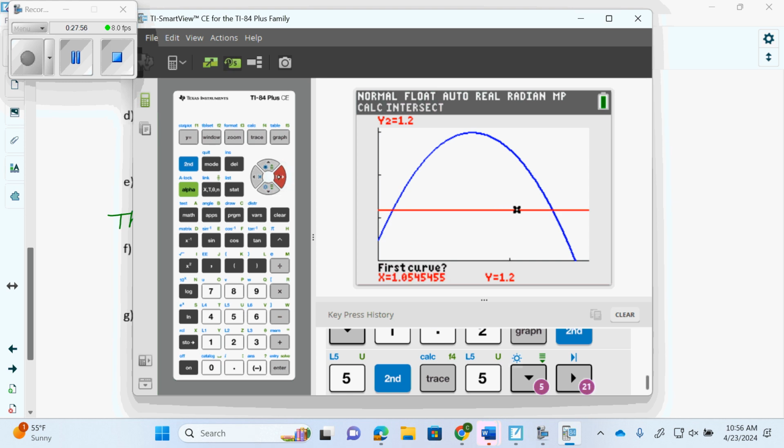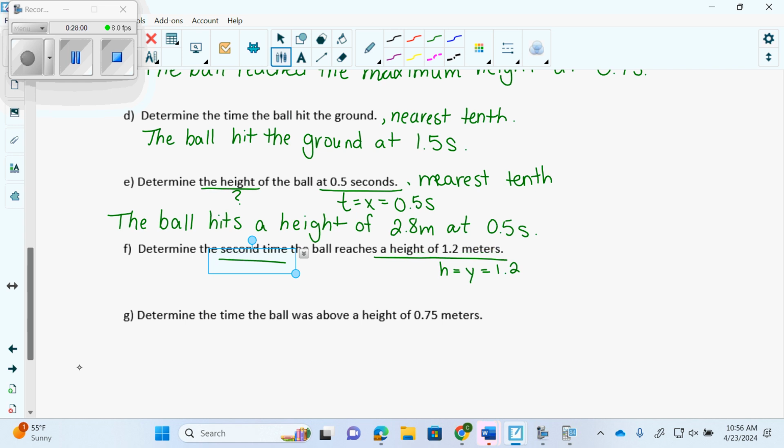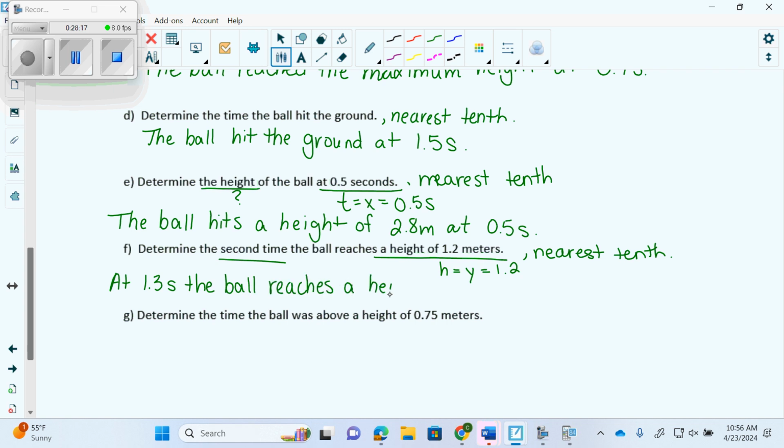As long as I'm closer to this one, it should pick it up. Enter, enter, enter. Nearest tenth, 1.3. At 1.3 seconds, the ball reaches a height of 1.2 meters for the second time.